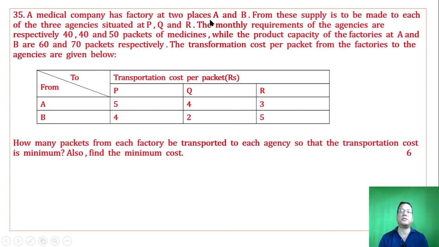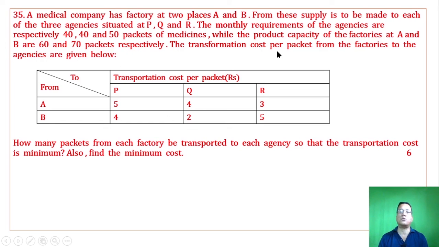A company has a factory at two places A and B. From this, supply is to be made to each of the three agencies situated at P, Q, and R. The monthly requirements of the agencies are respectively 40, 40, and 50 packets of medicine, while the production capacity of the factories at A and B are 60 and 70 packets respectively.